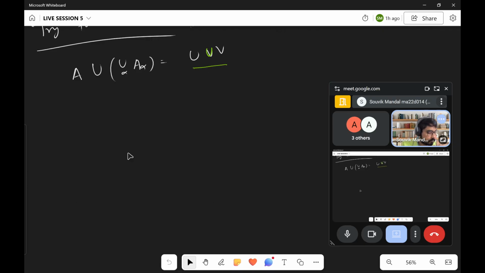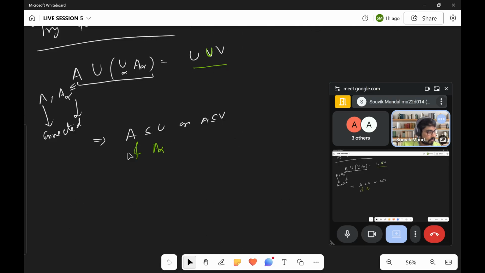Now the point is that A and all the A alpha are subsets of this union, correct? And these are all connected. So this implies A is a subset of U or A is a subset of V, and A alpha is a subset of U or A alpha is a subset of V. Is it clear why it is so?